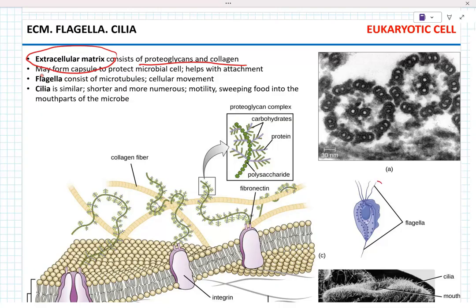Eukaryotes also have flagella. They look the same as bacterial ones, but structurally they're different. Remember how I compared bacterial flagella to a propeller? This is an oar, a paddle. Instead of moving in a circular fashion, flagella of eukaryotes wave.